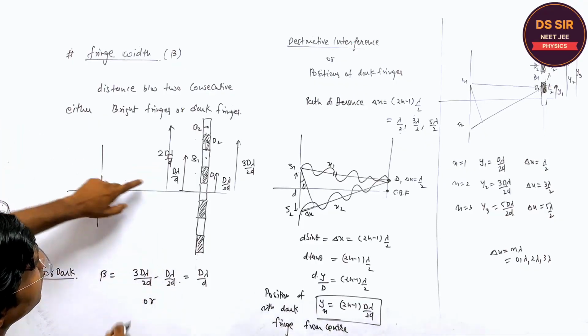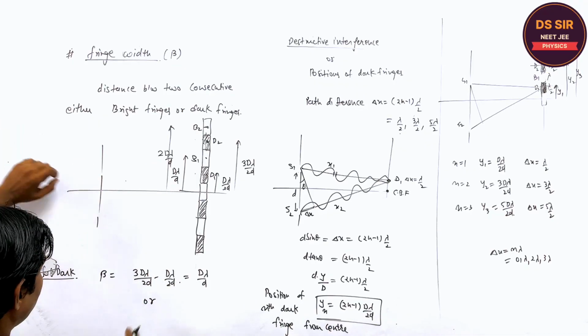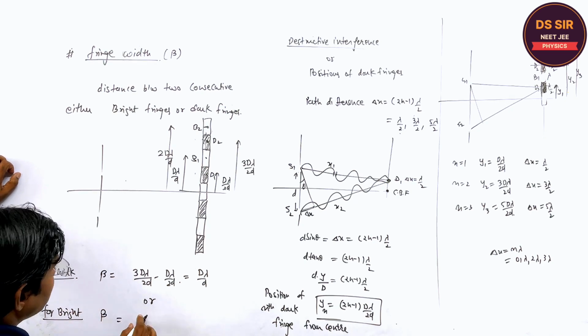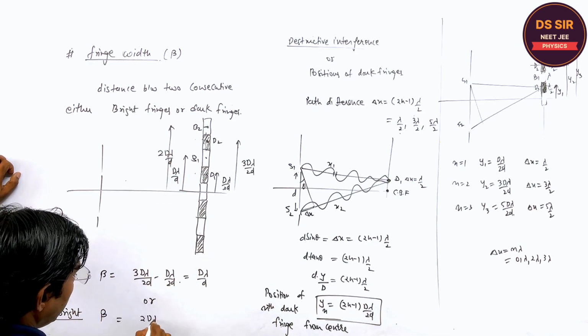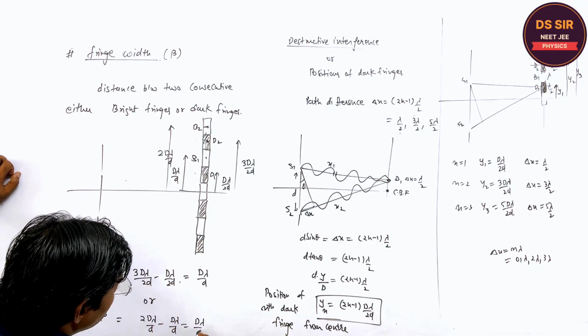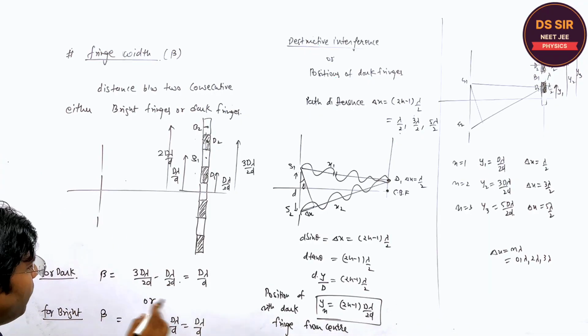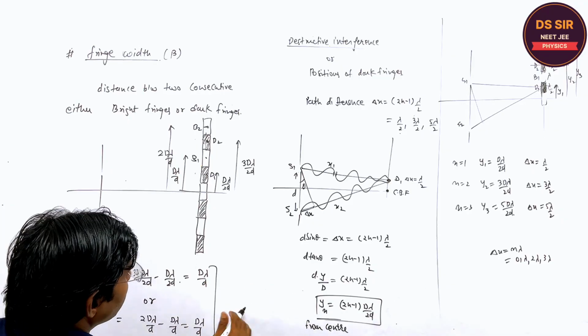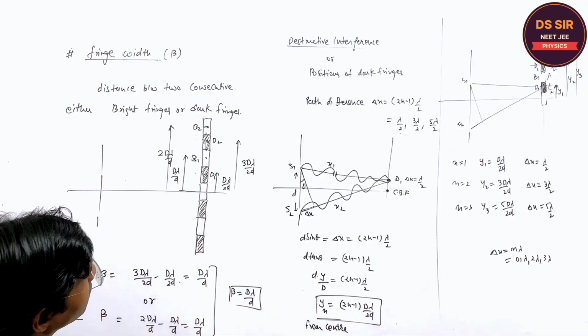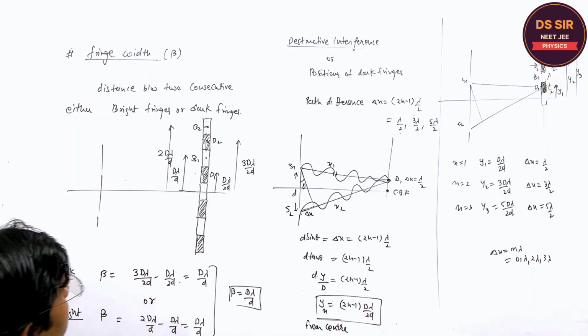So for the bright fringe, the fringe width is 2 lambda D over d minus lambda D over d, which is equal to lambda D over d. So the fringe width formula you may write is beta = lambda D over d. Is it clear or not?